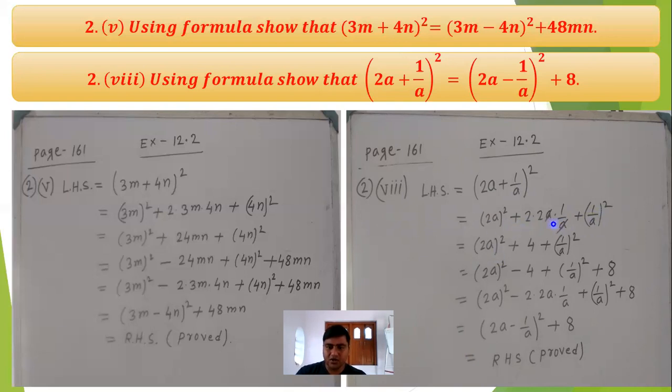(2a) whole square, a cancel, and 2 times 2 is 4, plus (1/a) whole square. (2a) whole square, we write minus 4 and plus 8, minus 4 plus 8 is plus 4.